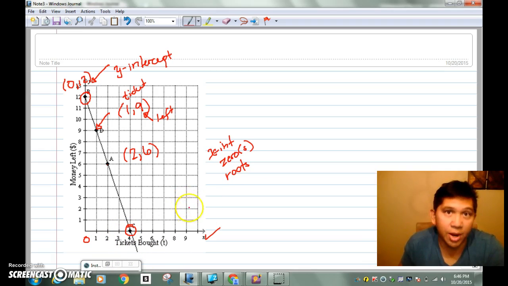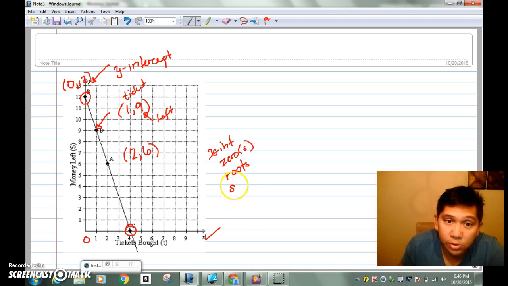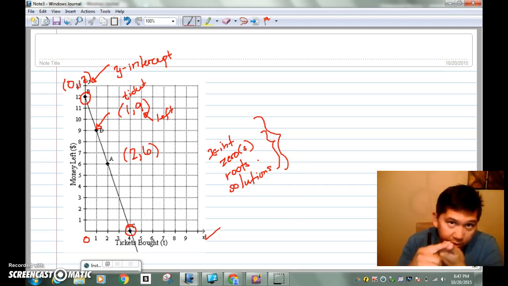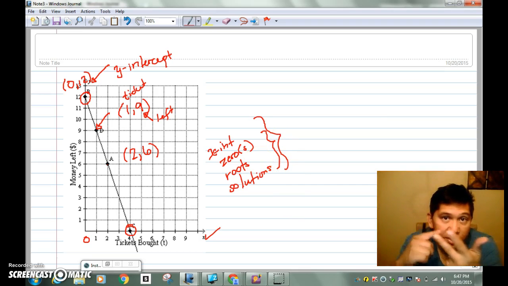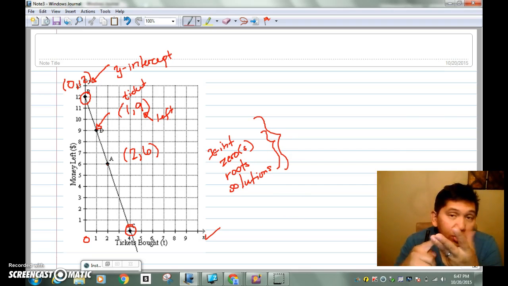Just remember it's roots. And then the third one is solution. So, how many names do we have for x-intercepts? There are 3 other names, all meaning the exact same thing, which gives a total of 4. The 4 names are x-intercepts, roots, zeros, and solutions. Those are the 4 things that mean exactly the same.